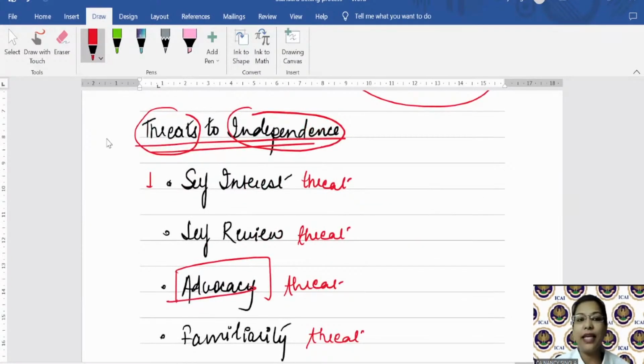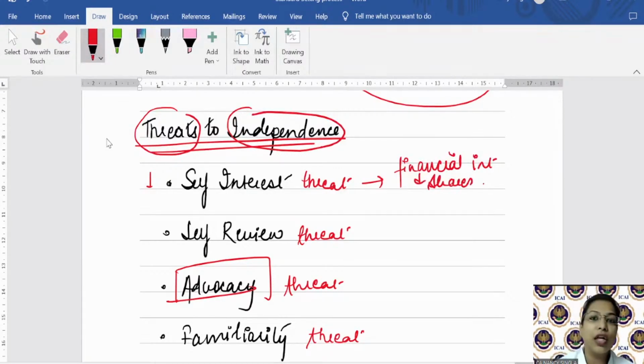So, self-interest threat. As the name suggests, there will be a threat to independence when the auditor has a self-interest in the client organization. Let's say the auditor has any financial interest in the client organization. The auditor has purchased a number of shares of the client organization. So will independence be there?